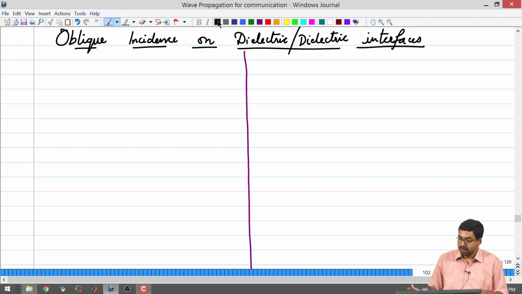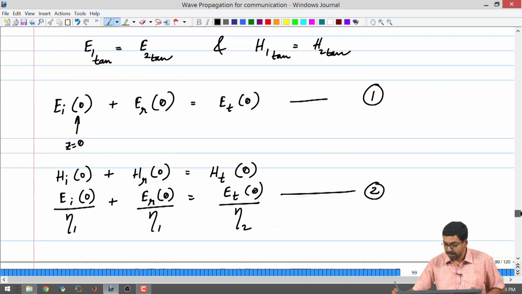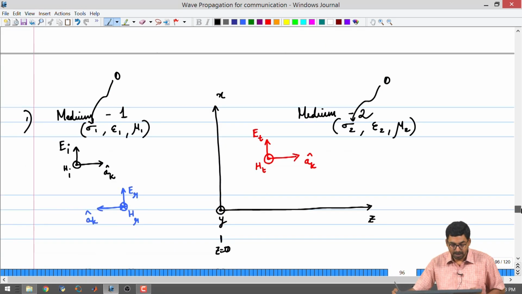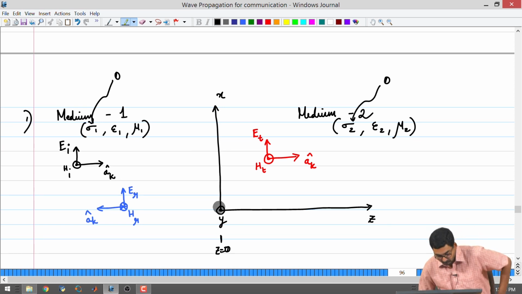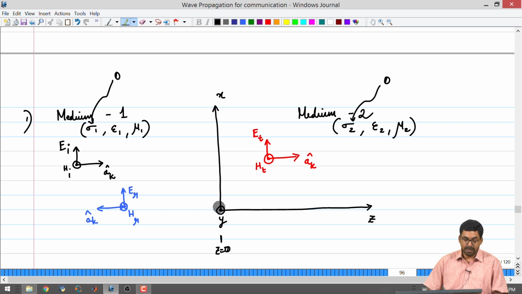Okay. So, similar to the last lecture where we talked about normal incidence. We have an axis which was the x axis here, z axis here, and to form a right handed triad we had a y axis marked in this way. We talked about a specific case where the polarization of the incident wave had the electric field component in the plane of the diagram, magnetic field was perpendicular to the plane of the diagram, and for the transmitted wave, the assumption was that there is no change in polarization.